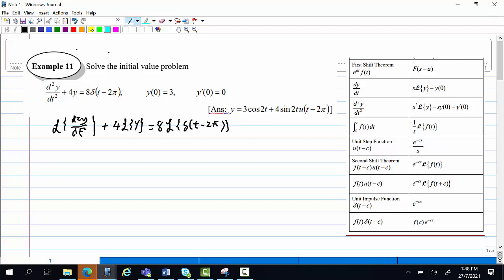Now, the Laplace transform of d²y/dt² is s squared times the Laplace transform of y, minus s times the value of y at 0, minus y prime at 0.